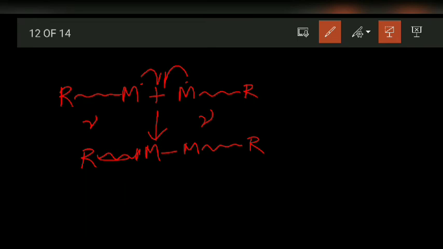So the chain length is twice, that is why it becomes 2 nu. So what we can conclude? DP bar, the degree of polymerization, will be equal to 2 nu when the termination occurs by coupling, right?